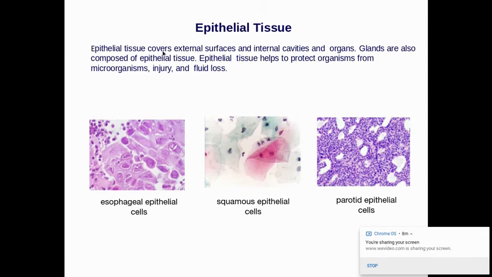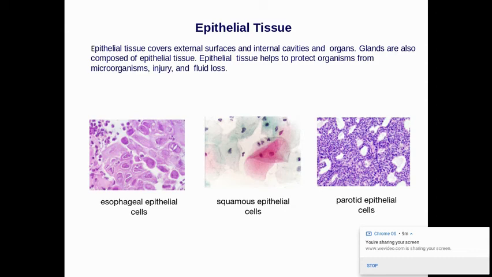Okay. Third type of tissue is epithelial tissue. Important word here is that it covers. Epithelial tissue covers external surfaces and internal cavities and organs. It either covers your body, like your skin, or it covers your organs inside your body, like your stomach.